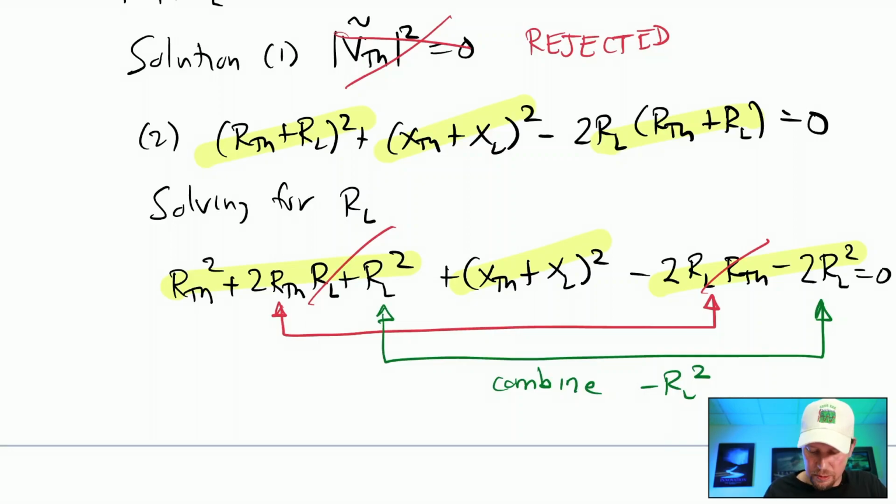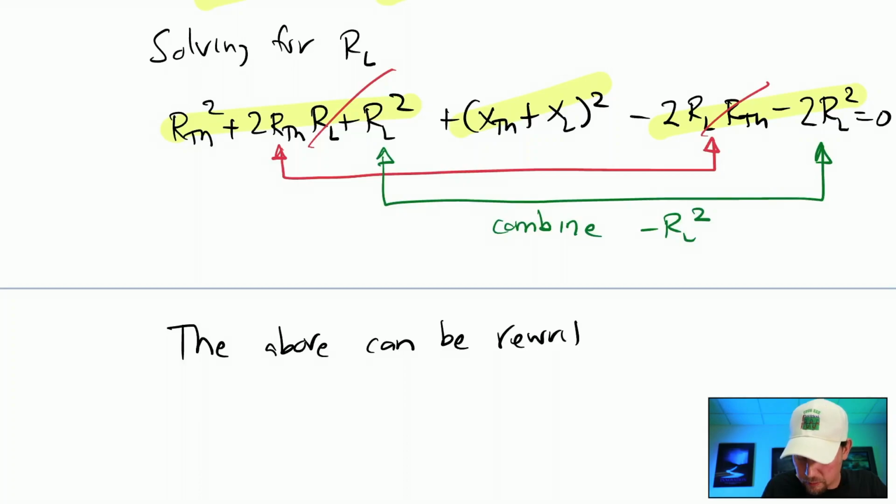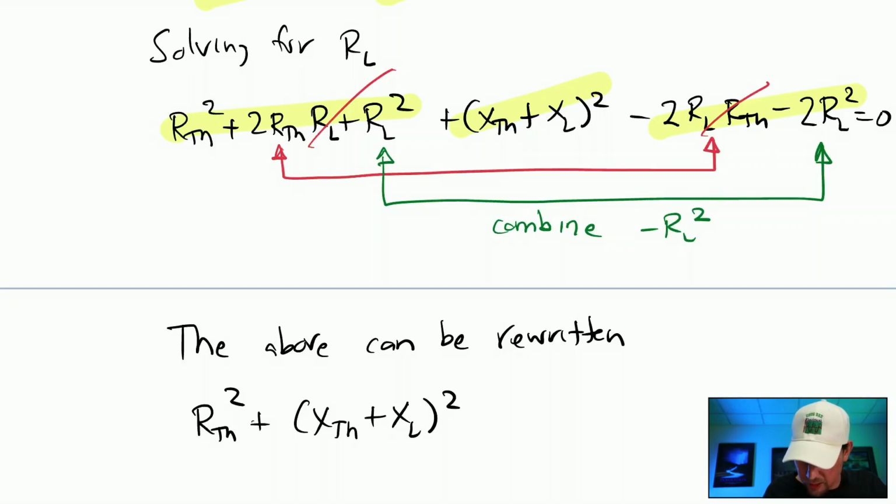So here, I'm going to rewrite the above equation. So the above can be rewritten as R Thevenin squared plus (X Thevenin plus X load) quantity squared, and then minus R load squared is equal to 0.